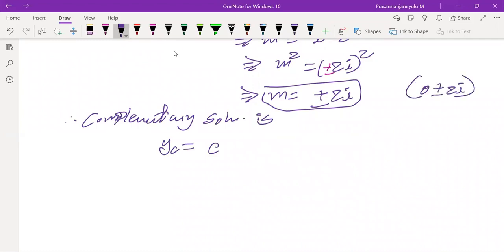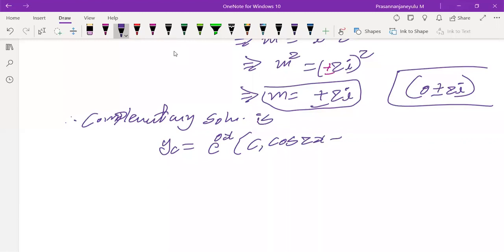So we write e power 0x into c1 cos bx, where the b value is 2: c1 cos 2x plus c2 sin 2x.